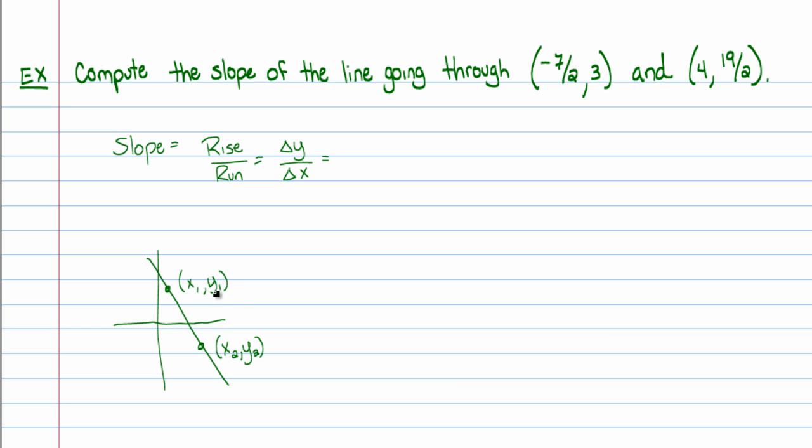If I want to find the change in the y values here, I would say it's the top y value minus the bottom y value. Let's pretend the top y value is 10 and the bottom y value is 3. While it's not what it is on this graph, let's just pretend for a moment. Then the distance between them would be 7, which is 10 minus 3. So you're essentially saying that the change in y is going to be y1 minus y2.